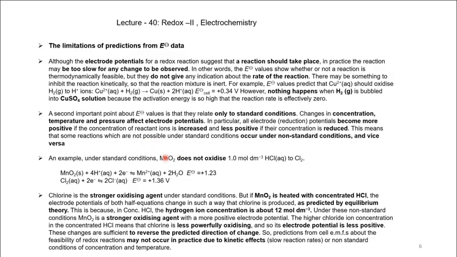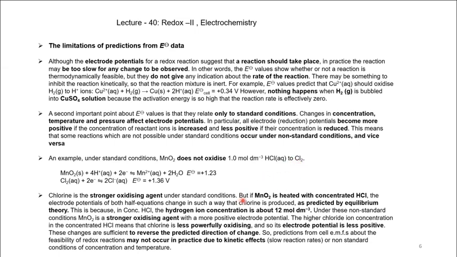And another limitation is that we always said that we have to consider 1 molar concentration for standard conditions. If we take this example, we will see that manganese dioxide does not oxidize 1 molar hydrochloric acid to chlorine. So what happens?